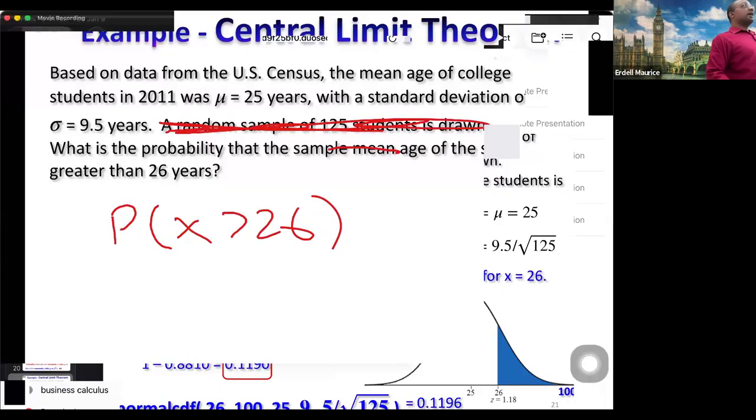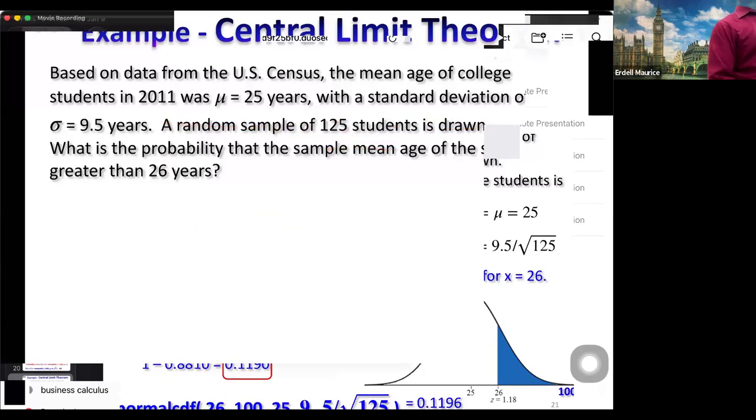But now we're moving into a different world where we are taking a sample of 125 students. We spoke to 125 students and we asked them, how old are you? And so the question is, what is the probability that a group of 125 students will have an average age that is greater than 26 years?